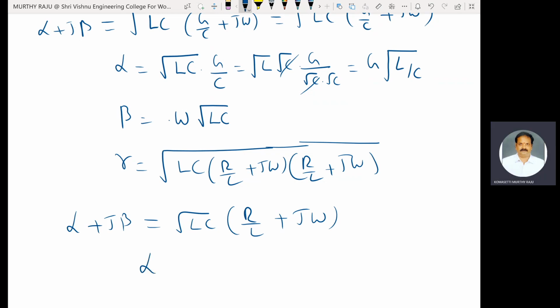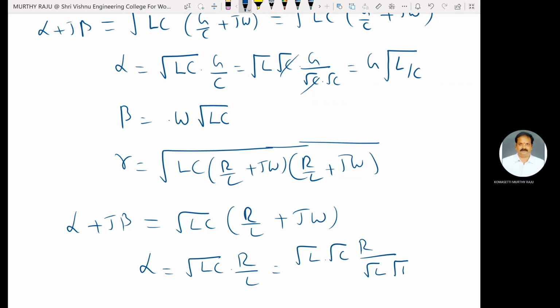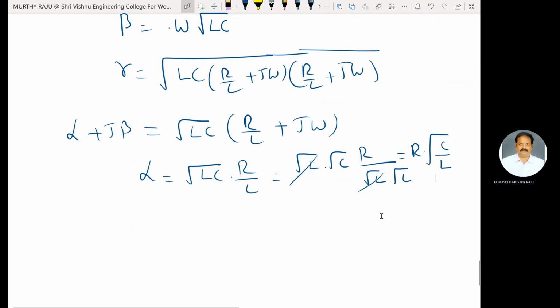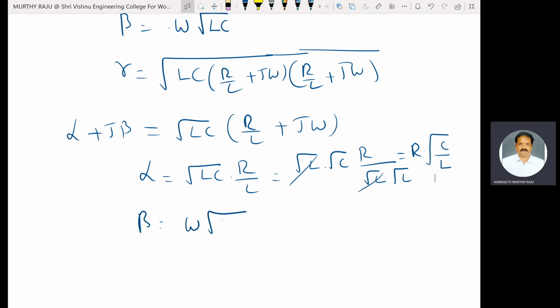Alpha is equal to root LC into R by L, which is R into root of C by L. Beta is equal to omega root LC. Alpha is independent of frequency. Beta is dependent on frequency.